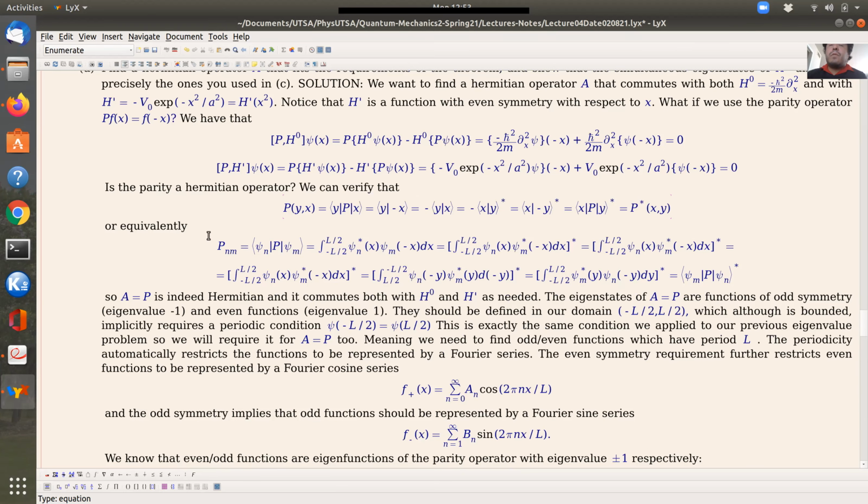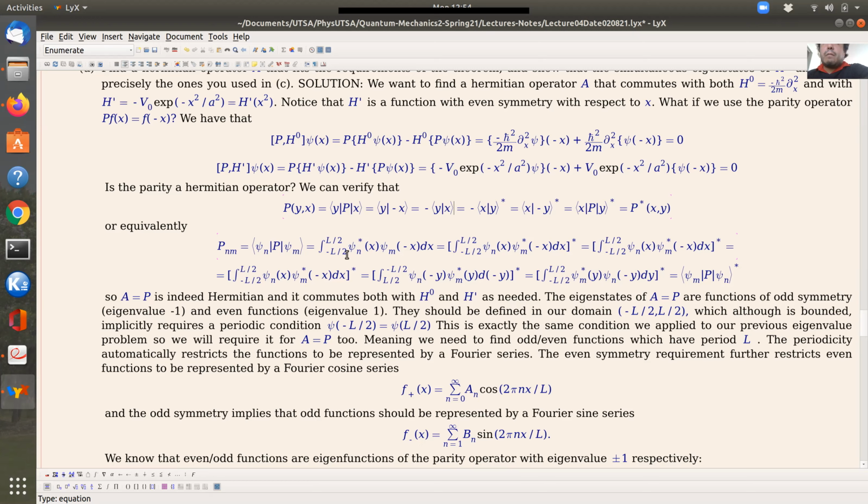If you want an equivalent proof, if you don't feel comfortable using the position basis, we can do it another way. And notice that I didn't even have to compute anything over here. I just had to use properties of inner products and I was done. So here, okay, I'll have to slightly compute some things. Many things will die out actually. And so P_nm is the inner product of psi n, parity applied to psi m.